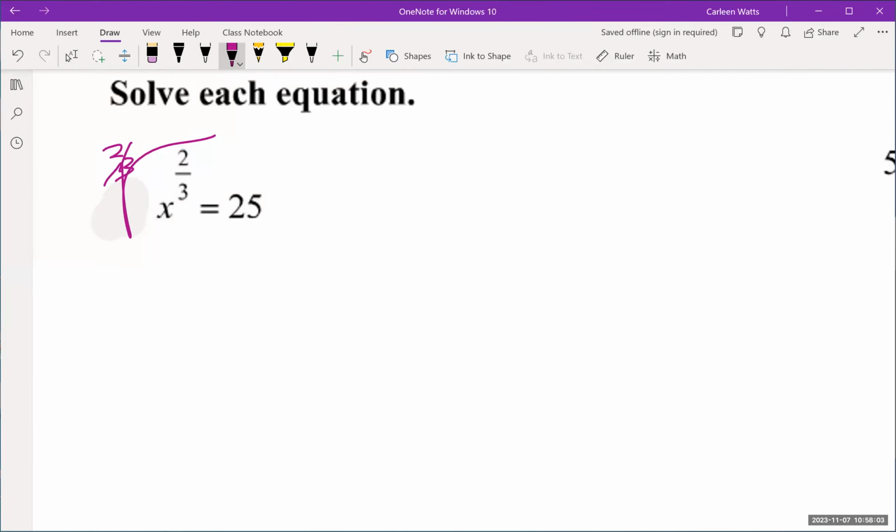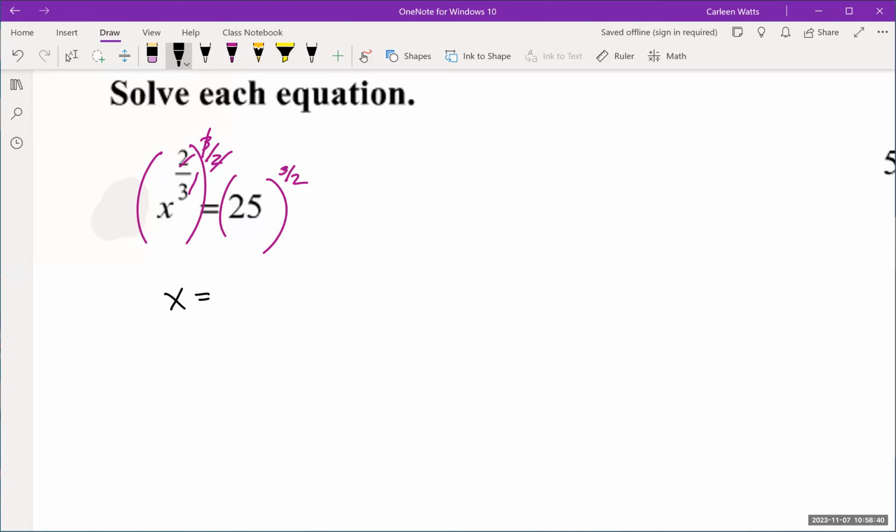No. There's an easier way. So instead of the 2/3 root, I'm going to raise it to what power? How can I get rid of 2/3? Okay, 3/2. Right? Because I multiply those right there. Okay, multiply, and we get x.